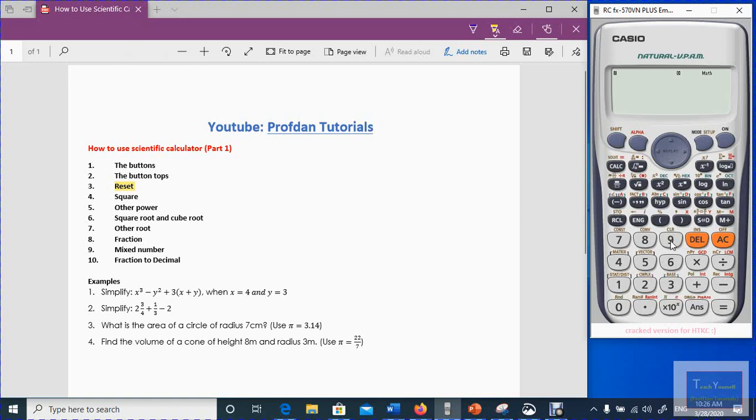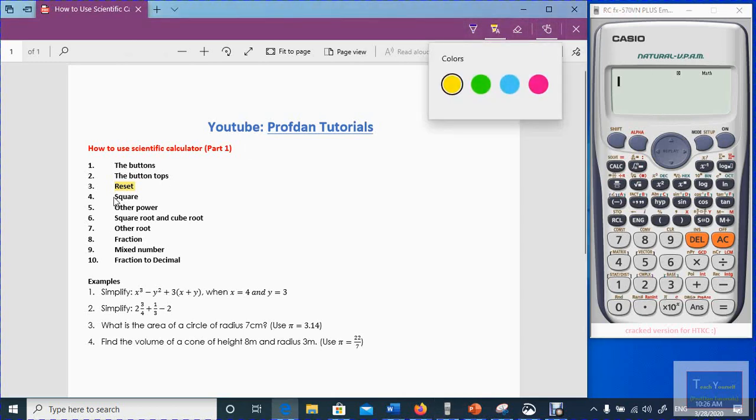You can see for button 9 it has clear on top, so you press that clear, and on your screen now you have 1 for setup, 3 for all. It's asking you, do you want to clear all? If yes, press 3. So I press button 3. It says equals means yes, so I press yes, I want to reset all. Now you are sure that your calculator is in the right format.